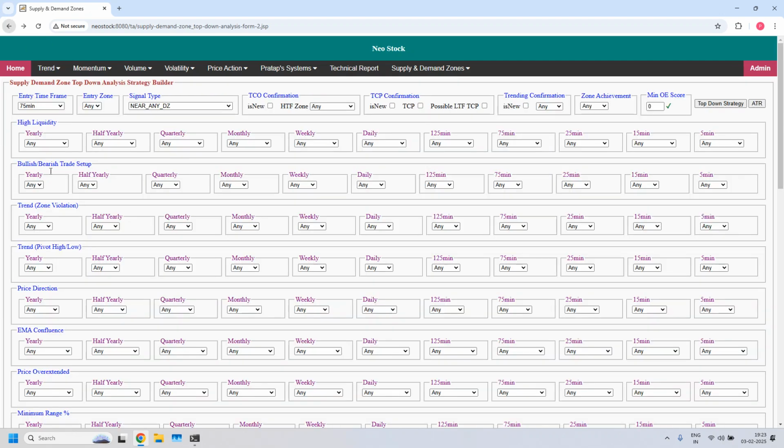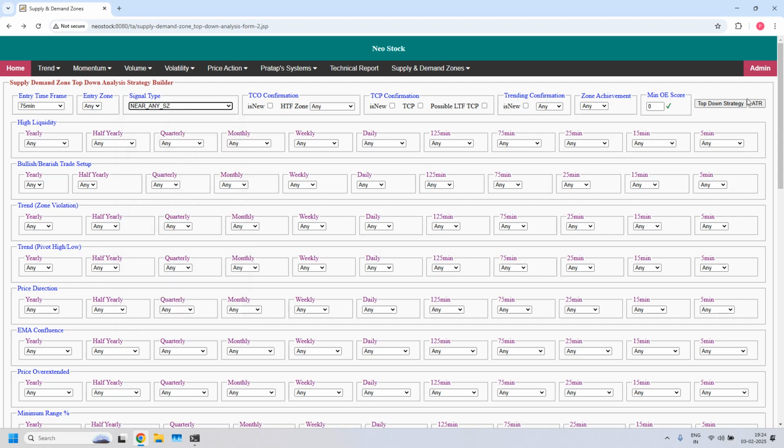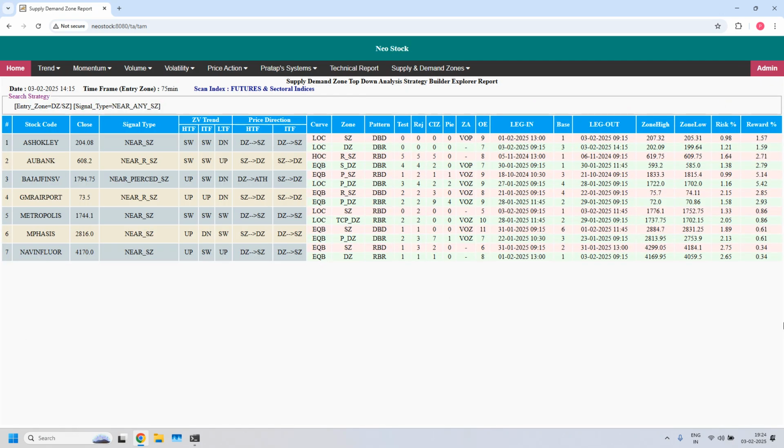So next, for 75 minutes time frame, let us find the stocks near 75 minutes supply zone. We got 7 stocks. Let us identify high liquidity zones from this list. AU Bank is a high liquidity supply zone, and also it is having a high liquidity demand zone. So sometimes on either side you may get trade opportunities.